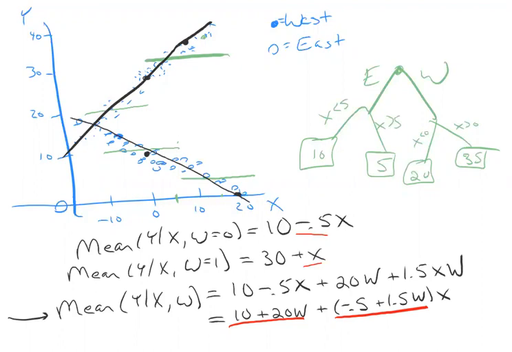And I like it this way because now I can figure out what the intercept of my line should be by plugging in w. So if w is equal to 0, then my intercept is 10, and that's what I wanted, so that's good. If w is equal to 1, then my intercept is 10 plus 20, that's 30, that's what I wanted, intercept's all set. What about the slope? Well, the slope is whatever you're multiplying x by. If w is equal to 0, I've got a negative 0.5.